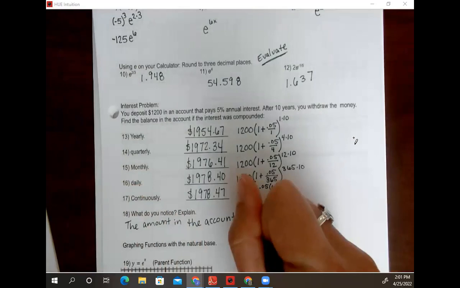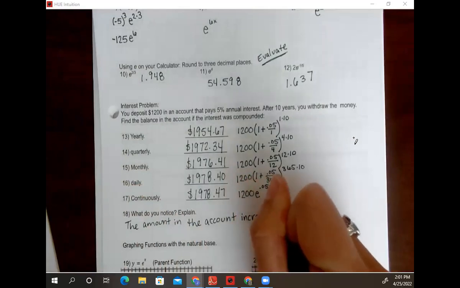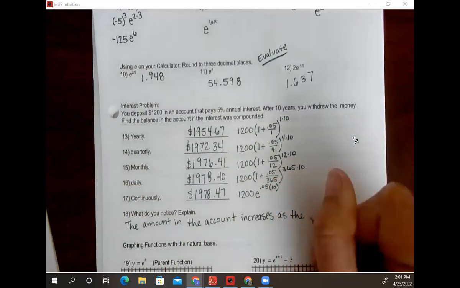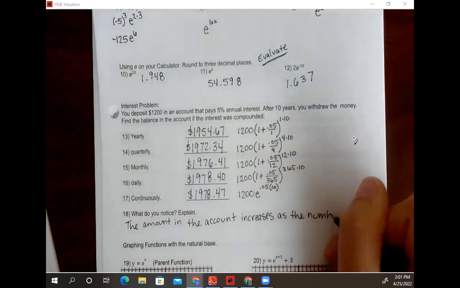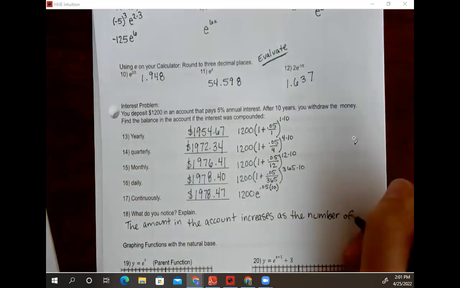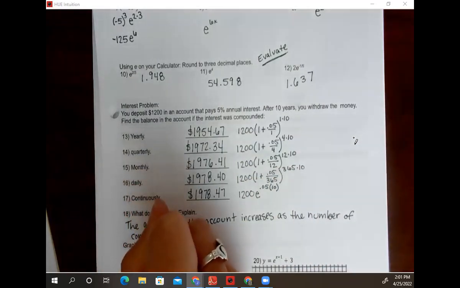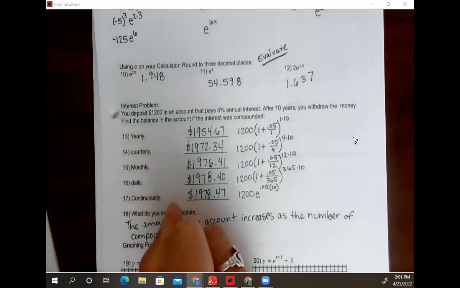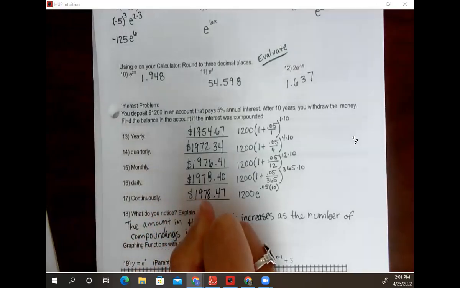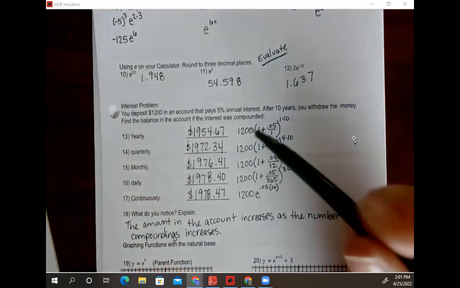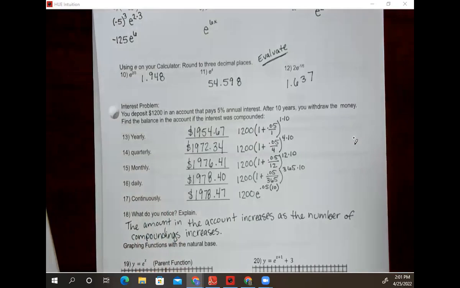The amount in the account increases as the number of compoundings increases. Okay. The more often I compound interest, the more money I make.